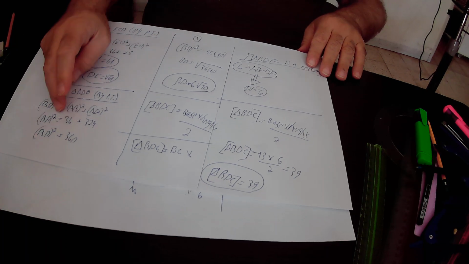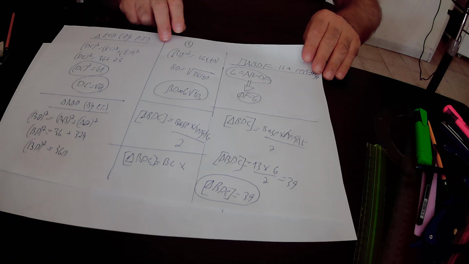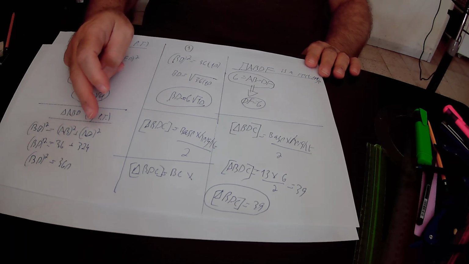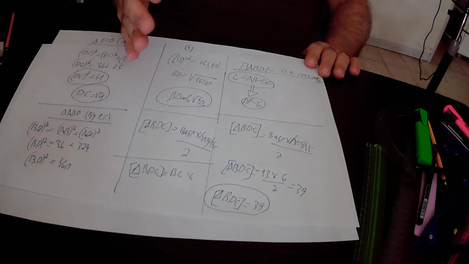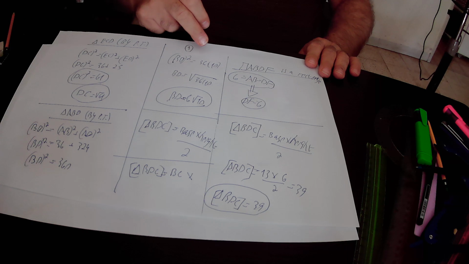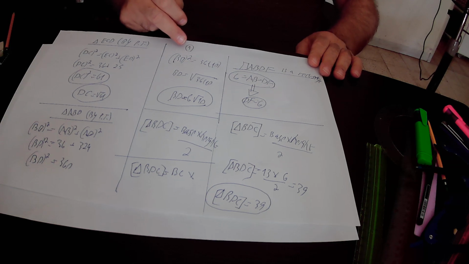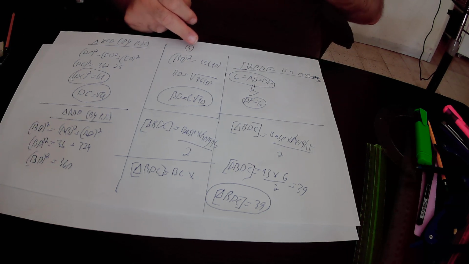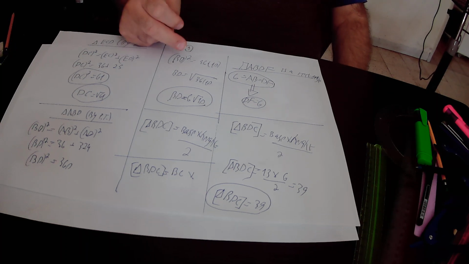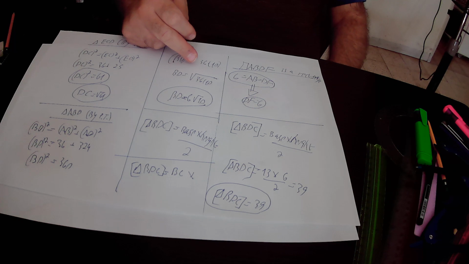We took a root of this equation, but before that, BD square equals 360, and 360 is 36 times 10, of course. So we substitute 360 by 36 times 10, so BD square equals 36 times 10. We took a root of this equation and found out that BD equals the square root of 36 times 10.